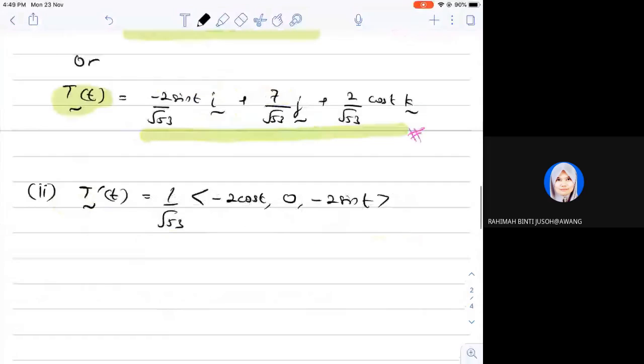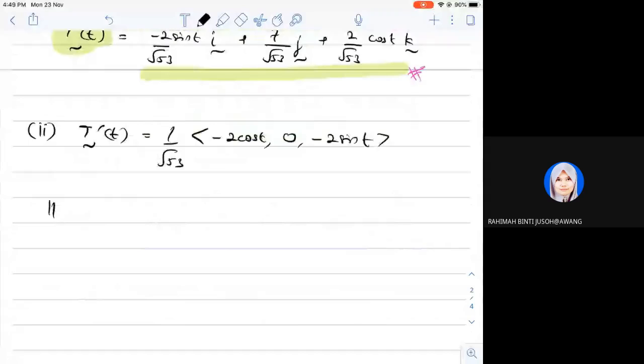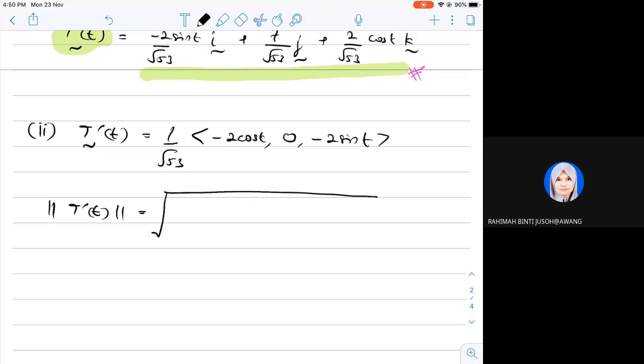Next, we need to find the magnitude of T prime t. So we will have the square root of, multiplying everything by 1 over square root 53, negative 2 cos t over square root 53 squared plus 0 squared plus negative 2 over square root 53 sin t squared.